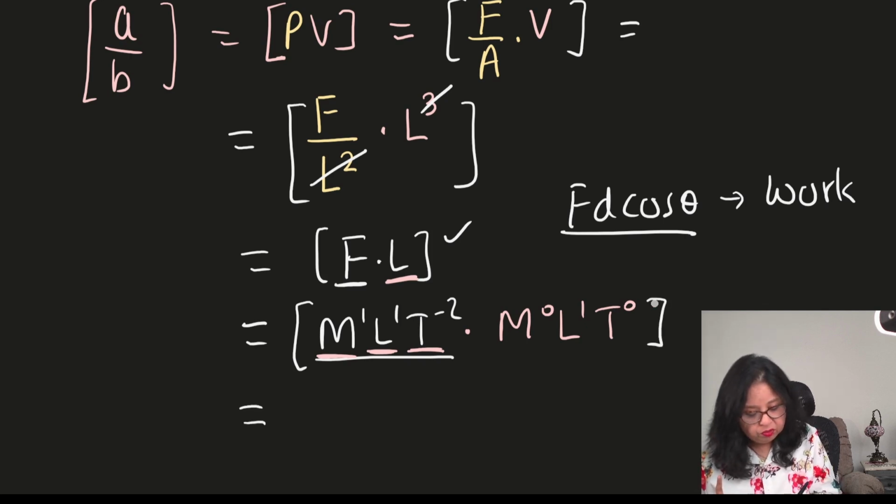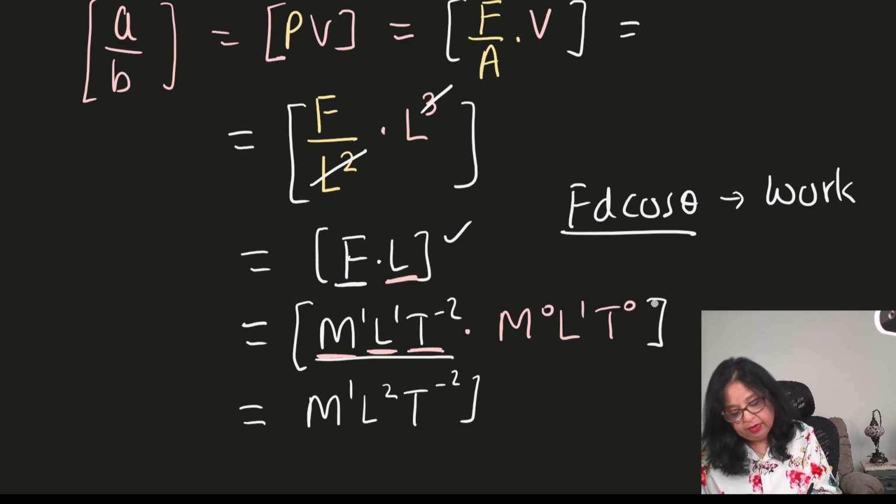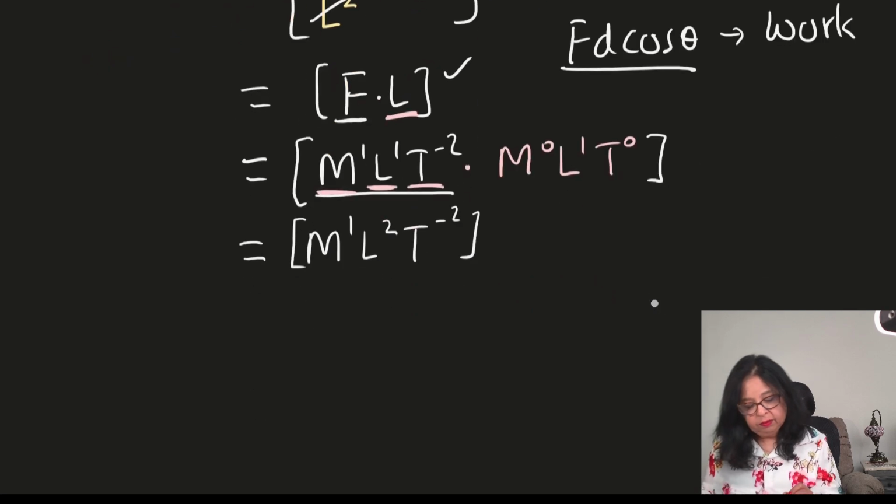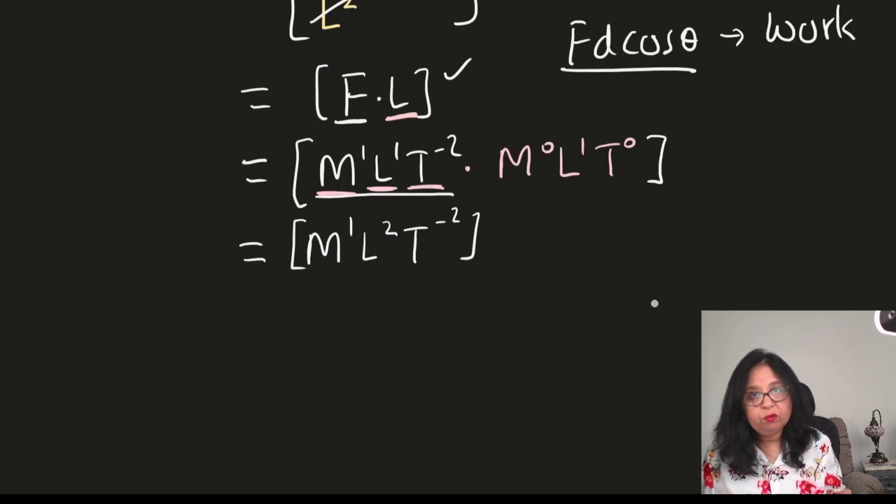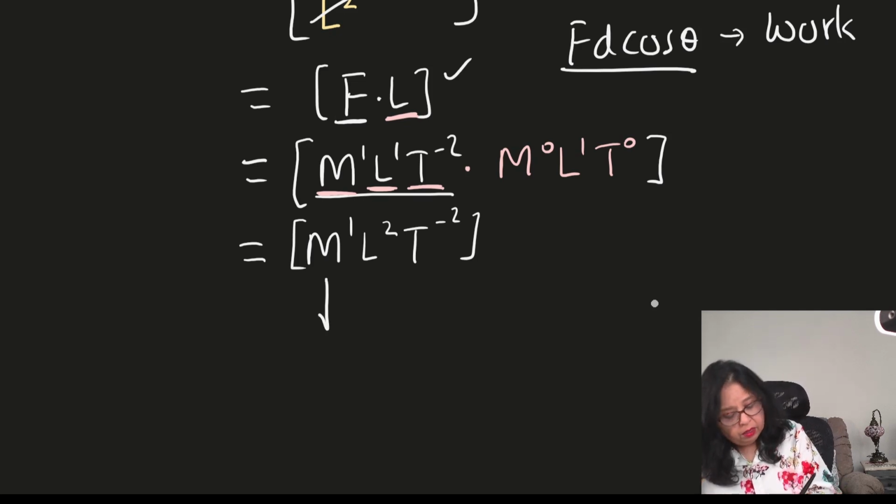What does this give us? M1 times M0 is M1, L1 times L1 is L2, T to the negative 2 times T to the 0 is T to the negative 2. And this is the dimensional formula for energy. But let's say you don't remember that. Then what you could do is, this is mass, correct?